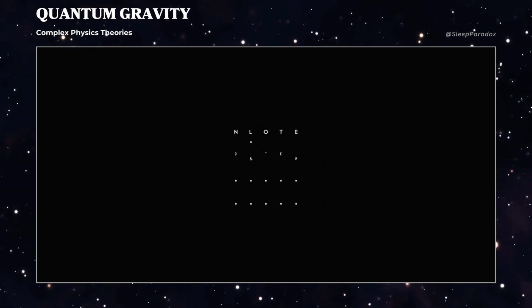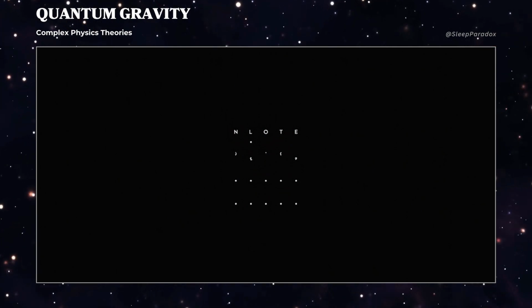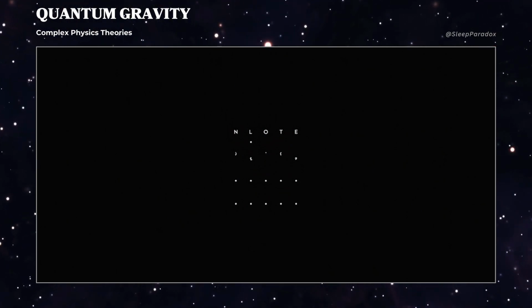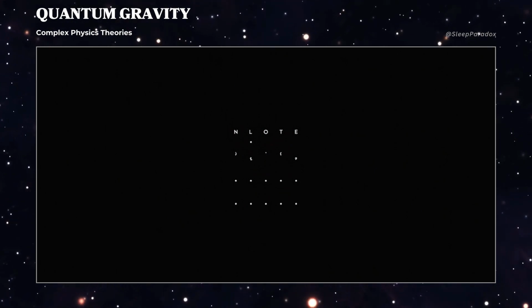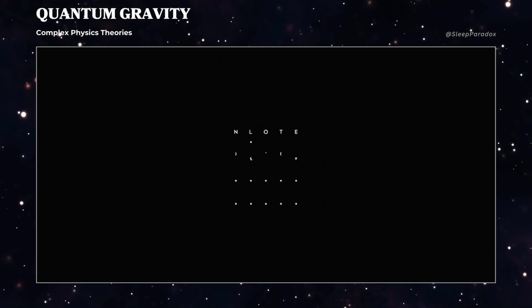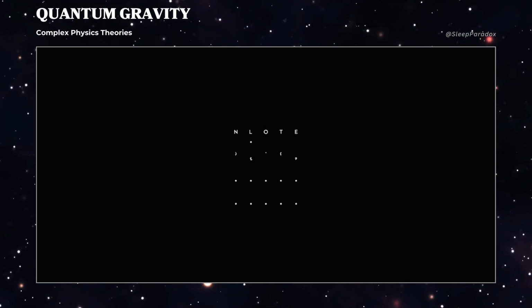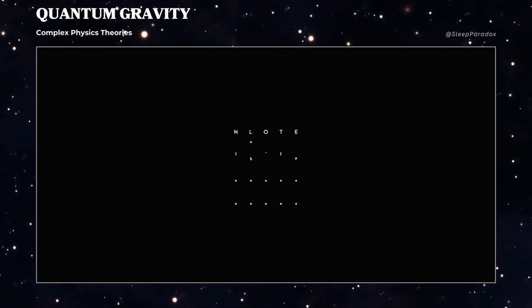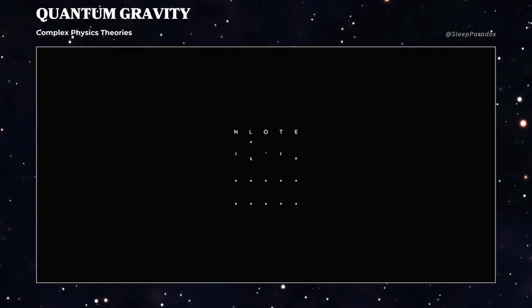The detection of gravitational waves, ripples in space-time caused by cataclysmic cosmic events, has provided critical insights into gravitational interactions, albeit mostly within classical frameworks. Future technologies may yet develop the precision necessary to observe quantum-scale gravitational phenomena, marking a crucial step in our search for understanding the universe's fundamental framework.